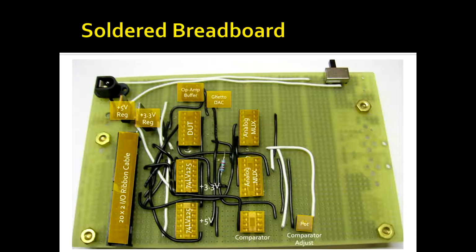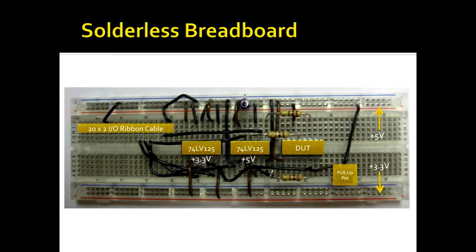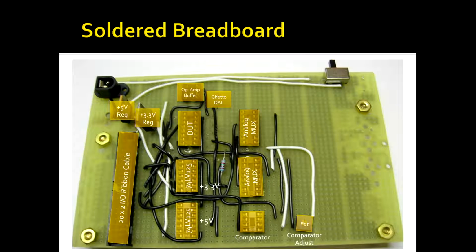So here was another iteration, a soldered breadboard, which was kind of a beefed up version of this that I thought would work at higher frequencies because it was soldered, but clearly you can see from this mess of wires that my routing is amazing.